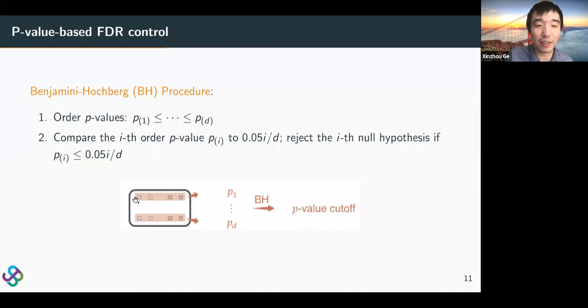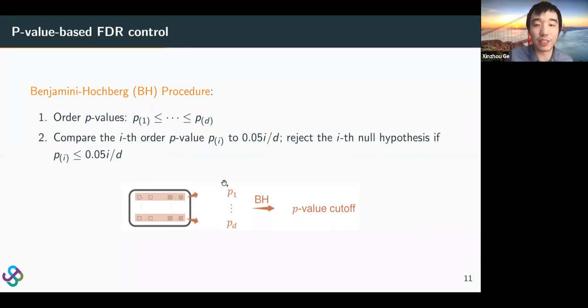Here, each column is a sample and each row is a gene, and the black rectangles are from one condition, and the white rectangles are from another condition. For each row, which is a gene, we summarize it into a p-value, and as we have D different genes, we have D different p-values.